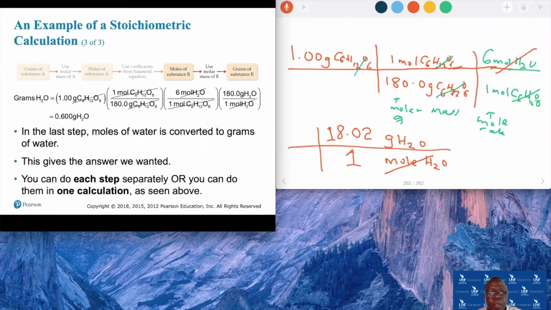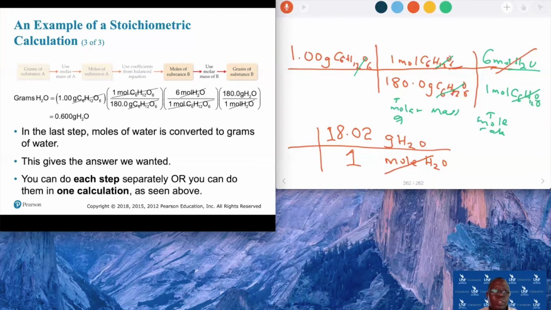On the last conversion on your PowerPoint, is it supposed to be 18.02 or 180? I think 180 is the last. Oh yeah, this will be 18. Not 180, sorry about that. This should be 18 because the molar mass of H2O shouldn't be 180.